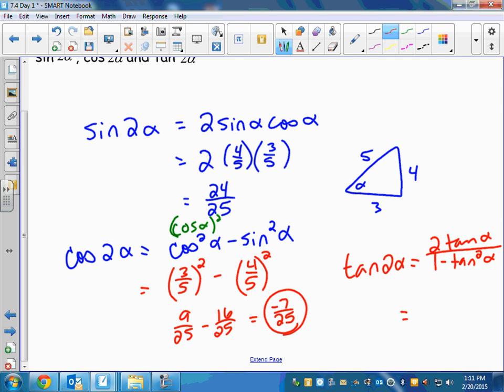And so again, using my picture up here, tangent would be 4/3 over 1 minus 4/3 squared. Minus 16/9 would be negative 7/9.